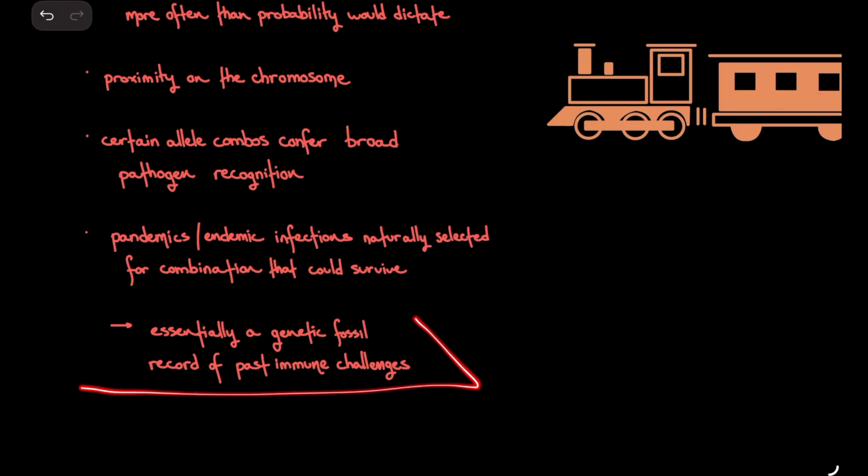So it's kind of cool if you think about it. The most prevalent HLA combinations to date are a fossil record of everything that we have had to overcome. That means that all of the MHC and the HLA genes that are expressed and alive in you must have been good enough to get your ancestors this far. Now, in populations that maybe didn't have exposure to something like the bubonic plague, maybe they weren't exposed to that pressure, and maybe they would not want to be.